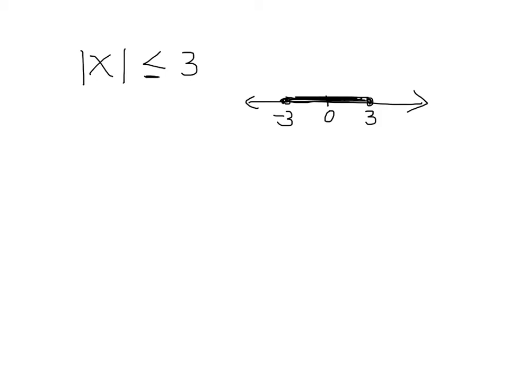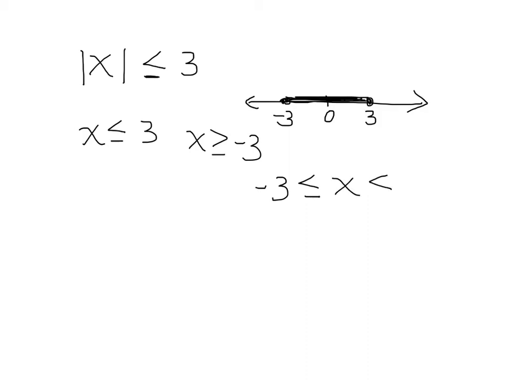So in the end, x is less than or equal to 3, and x is greater than or equal to negative 3. If I go back to the way we were doing things yesterday, I would start from the smallest. I would say negative 3 is less than or equal to x, which is less than or equal to 3.